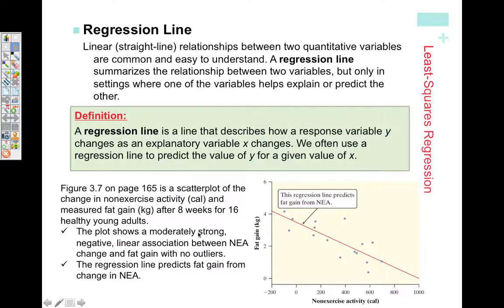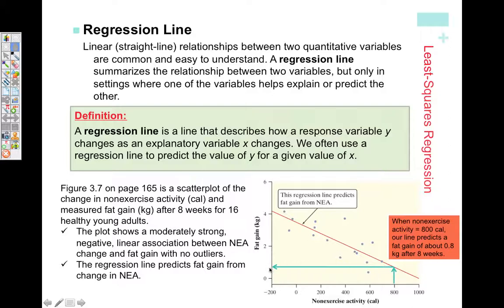We can use that line to predict the amount of fat gain for a person. For instance, when somebody's non-exercise activity is 800 calories, we can predict that about 0.8 kilograms of fat gain will have occurred.